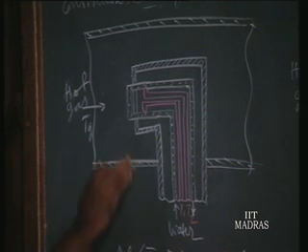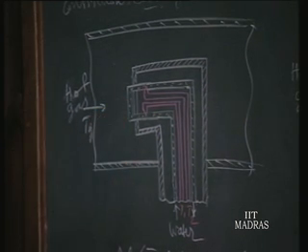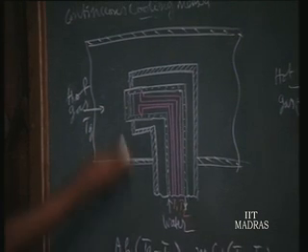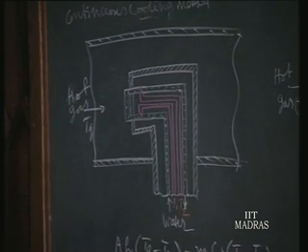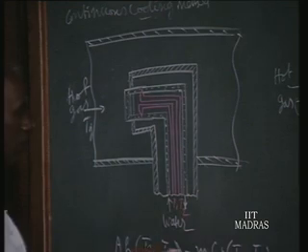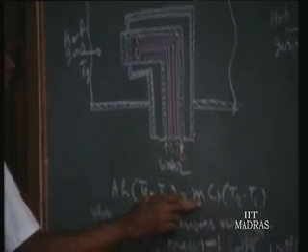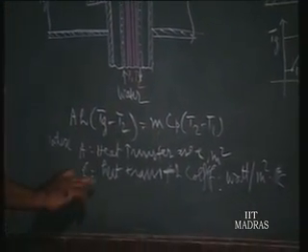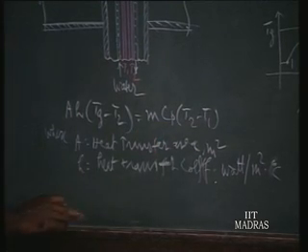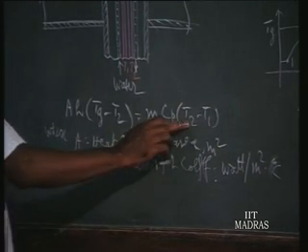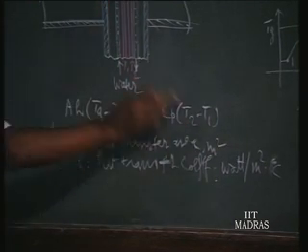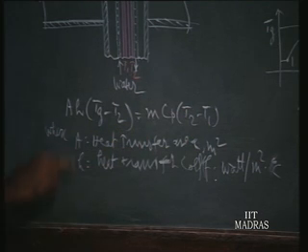The heat conducted through this area A is equal to the heat taken by the water in a particular flow per second. So you find the mass flow rate of water per second, and Cp is the specific heat of water, and T2 is the high temperature of the water and T1 the incoming temperature of water, and A is the circular area through which the heat is conducted.